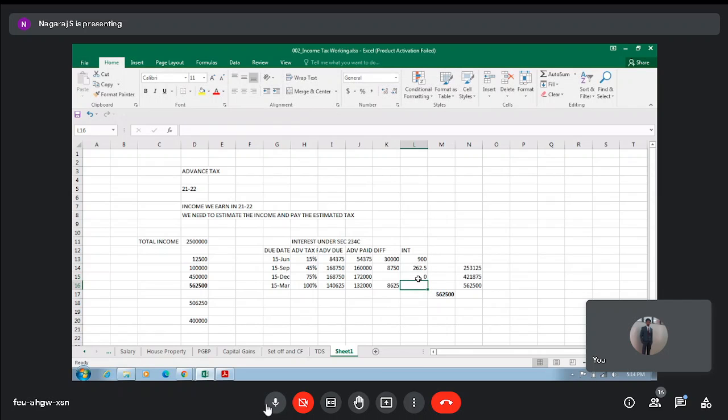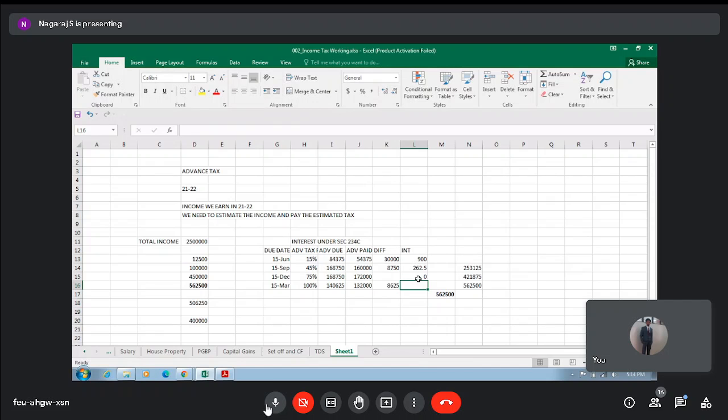Is there any delay? Yes. You should have paid 1,40,000 by 15th March, but you have paid only 1,32,000 on 15th March.